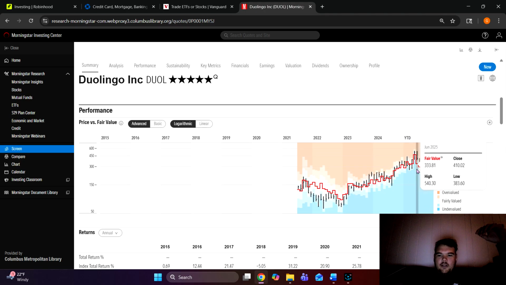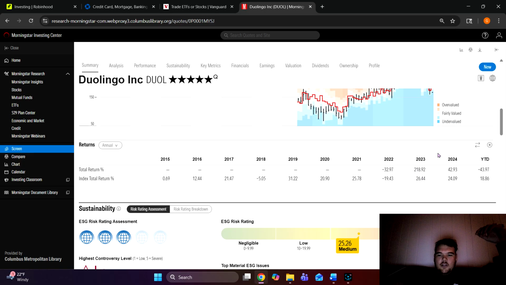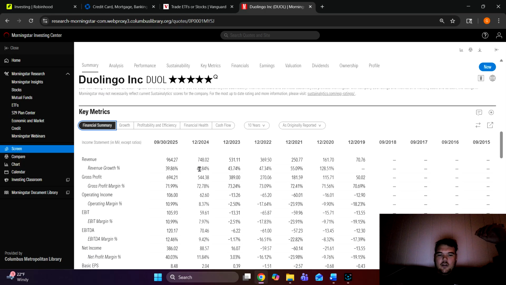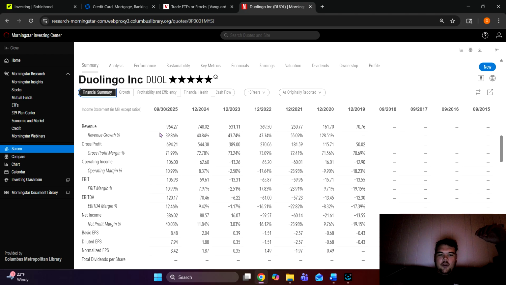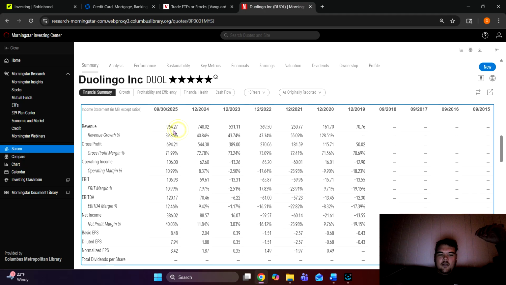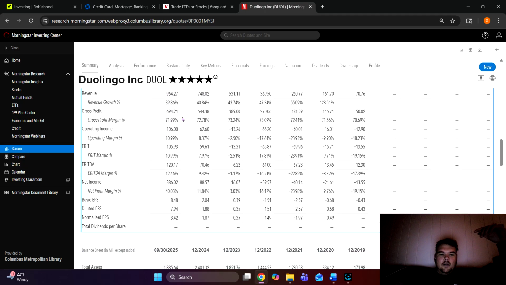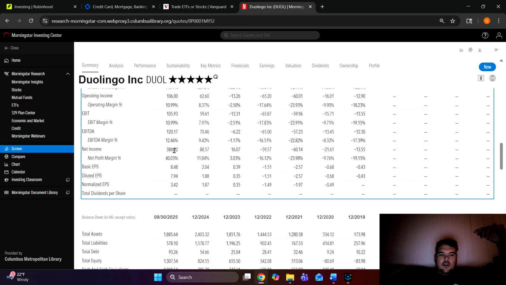The stock price is the same as it was in 2024, but now we brought in 964 million in revenue, which was a 40% increase year over year, 72% profit margins, and 386 million in net income, which was a 40%. Oh, that's more than 40.